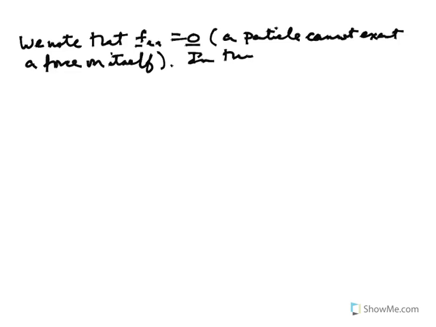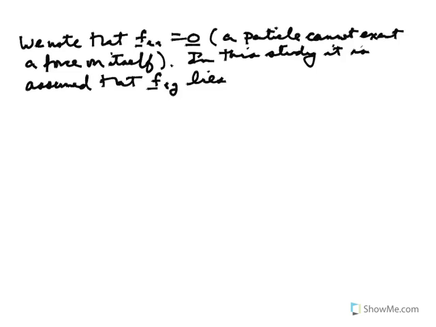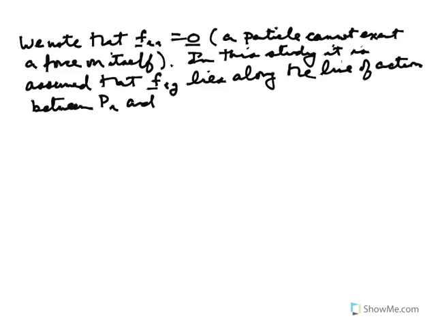In this study, it is assumed that Fij lies along the line of action between Pi and Pj, which means if I have m sub i and I have m sub j, then the force exerted by particle i on particle j lies in this direction.